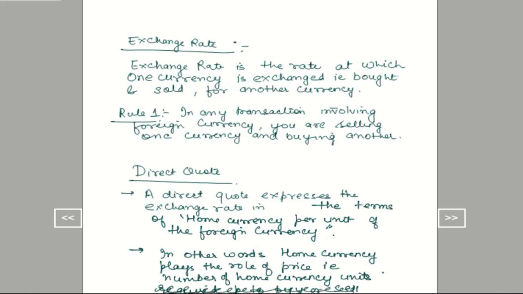I'll write this line on the next page. Home currency units required to buy or sell 1 unit of foreign currency.